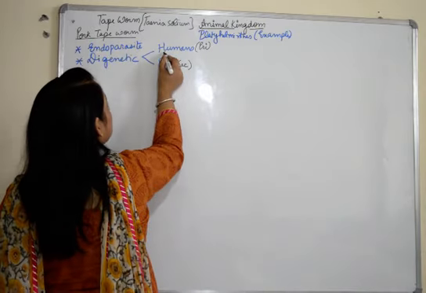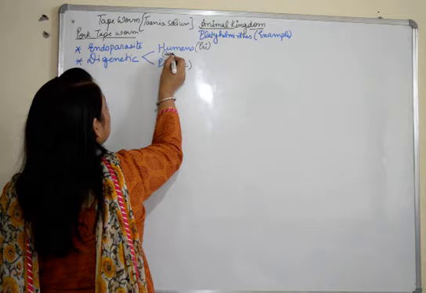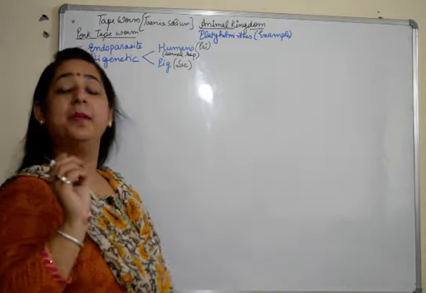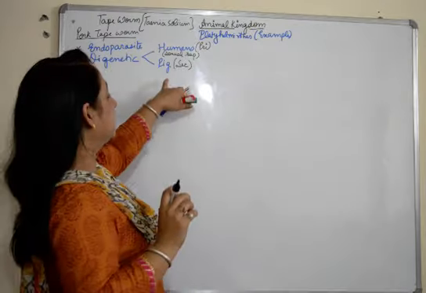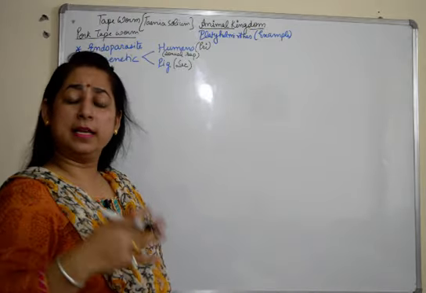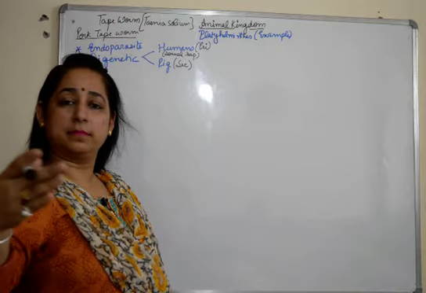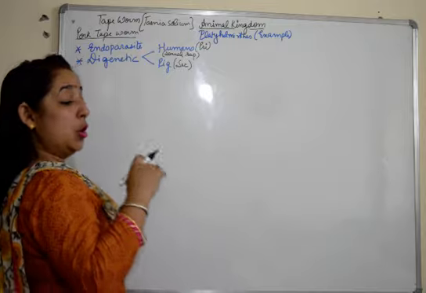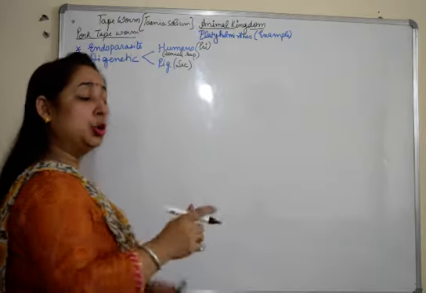So in humans, it undergoes its sexual reproduction, hence it's known as the primary host, and pig is the secondary host, wherein the other stages of the life cycle take place. So it is digenetic, having two hosts.